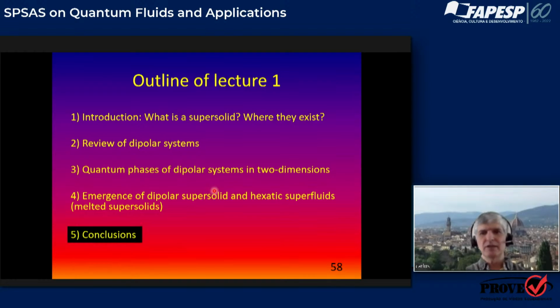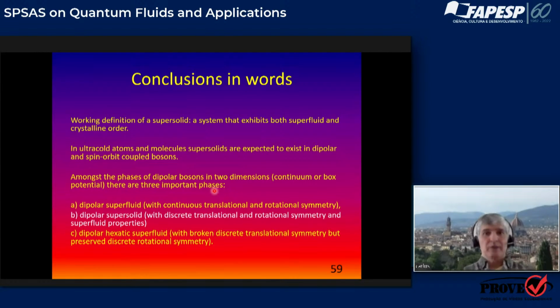Okay, so that brings me to the conclusions. What have we tried to say today? We wanted to discuss the idea that supersolidity is not going to be present in helium-4, but the working definition for a supersolid is a system that exhibits both superfluid and crystalline order simultaneously.